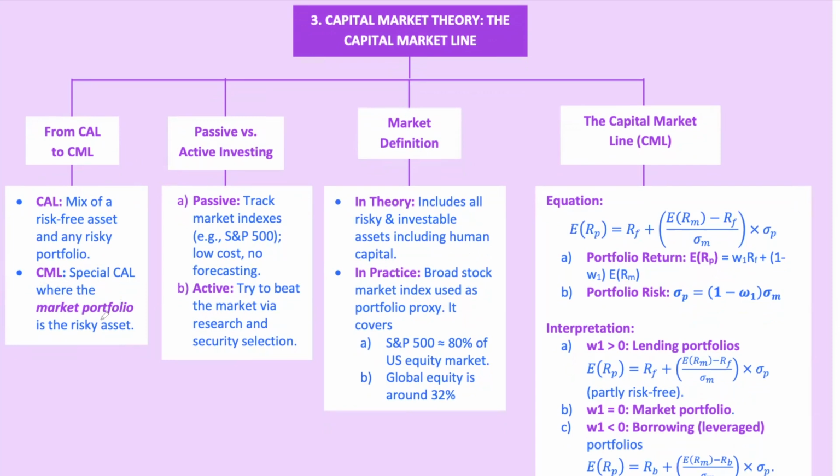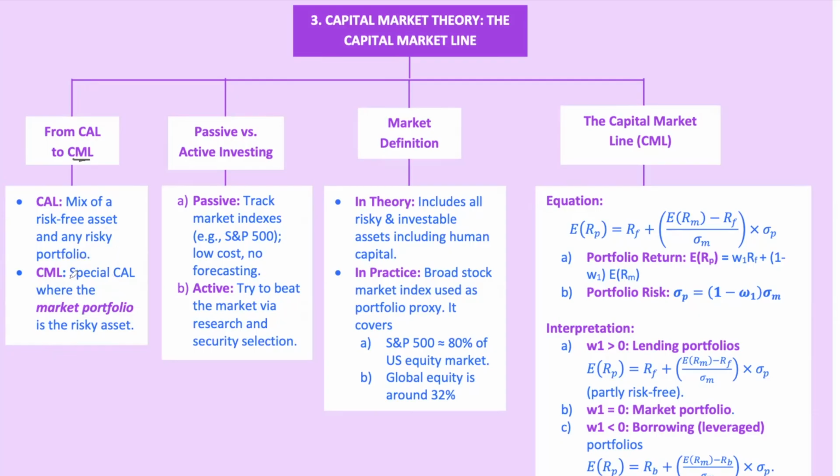It's called the capital market line, or CML. So yeah, the CML is basically the supercharged version of CAL. It shows all possible combinations of the risk-free asset and the market portfolio.